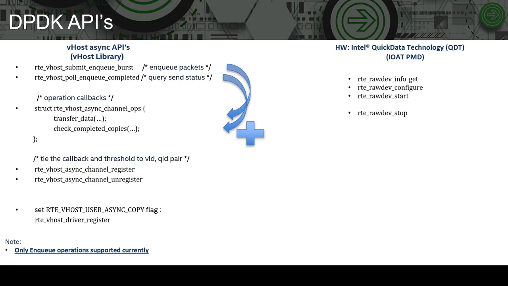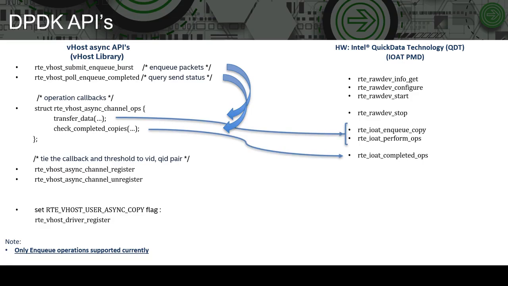Now, in order to implement these callbacks, we must utilize hardware to offload the copy operations too. And in this case, we took Intel QDT as an example, which uses the IOAT PMD in DPDK. So the IOAT PMD supports these APIs to set up the device on the control path: info get, configure, start, and raw dev stop. And for the data copy, it supports IOAT enqueue copy and perform ops, and another API, completed ops, in order to query the QDT transfer status.